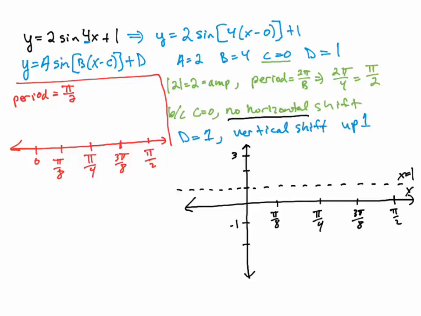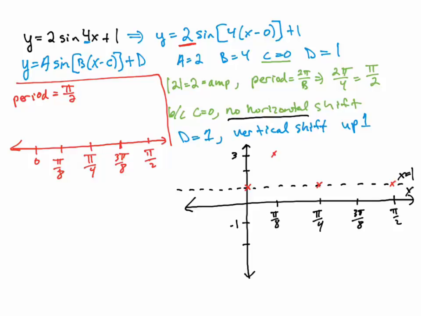Now we can go ahead and mark off the key points for the graph. Sine crosses this horizontal axis at the beginning, the middle, and at the end. And then the max and the minimum values are at the quarter points. Because our leading coefficient is positive here, the graph is going to start by increasing.